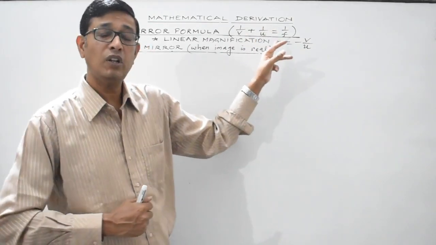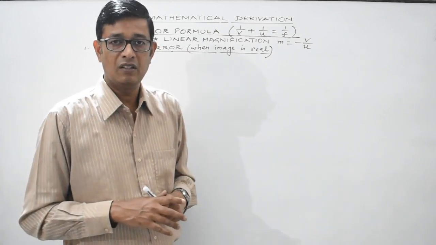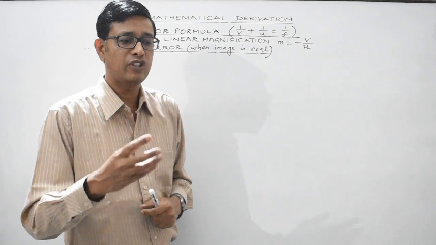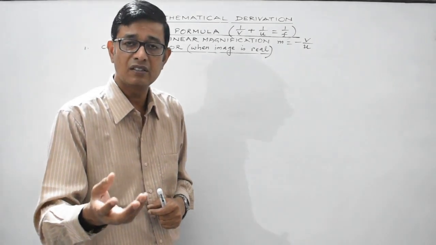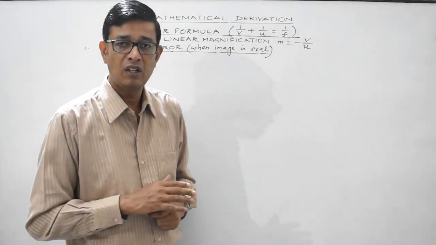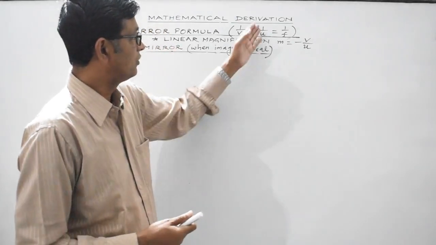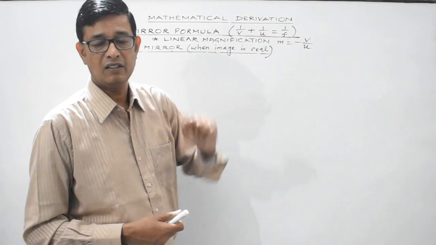This mirror formula is valid for each and every type of mirror and for every position of the object, whether the nature of the image obtained is real or virtual, whether we are considering a concave mirror or convex mirror. These formulas remain valid.